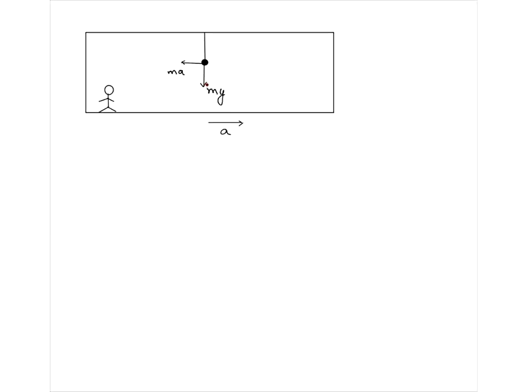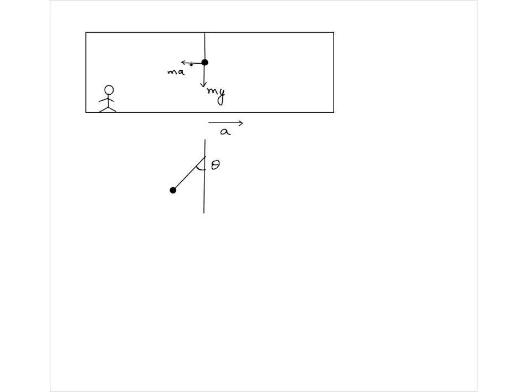Due to the effect of these two forces, the bob will go in this direction, leftwards. Leftwards it will go. So we would expect that the equilibrium would be somewhat like this. And we want to know the angle from the vertical. Let it be theta.